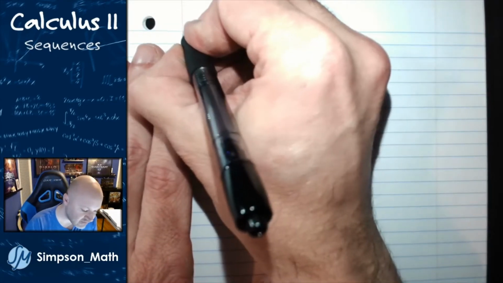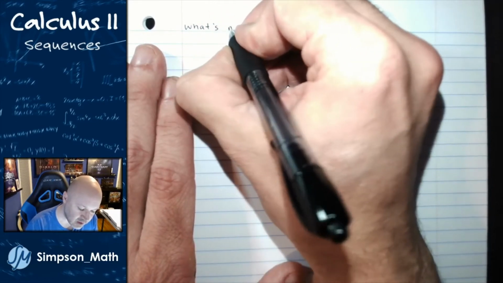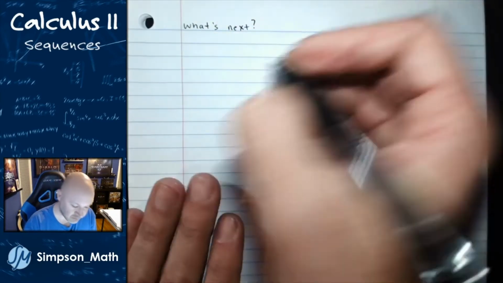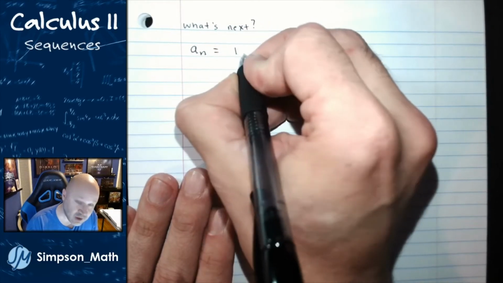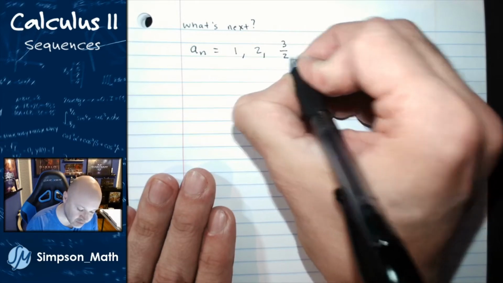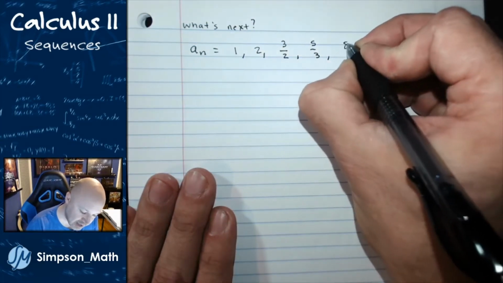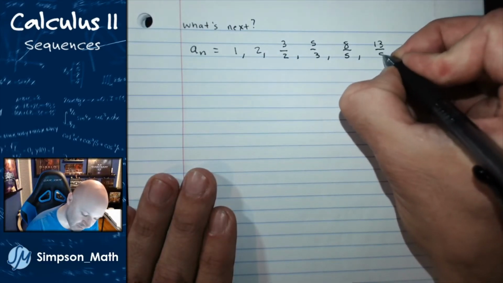Let's see if we can just find the next term in the sequence that I'm about to write down. I'll call this sequence A sub n. Starts off as 1, 2, 3 over 2, 5 over 3, 8 over 5, 13 over 8.